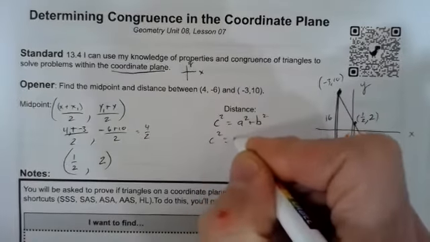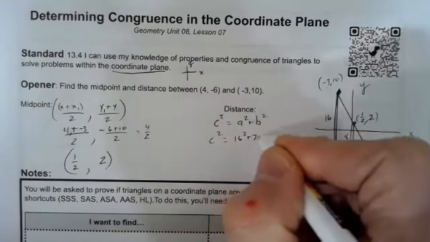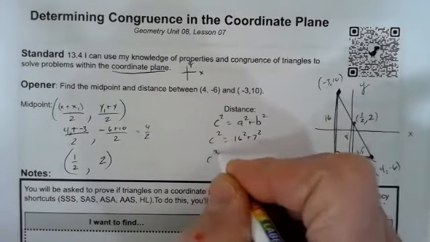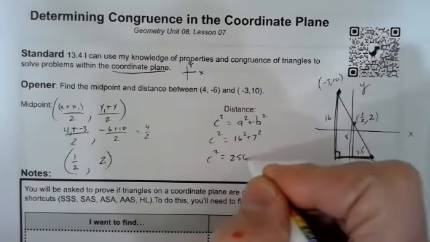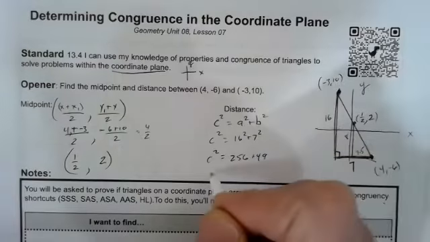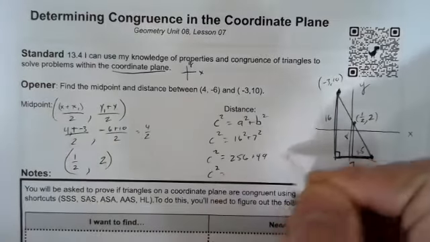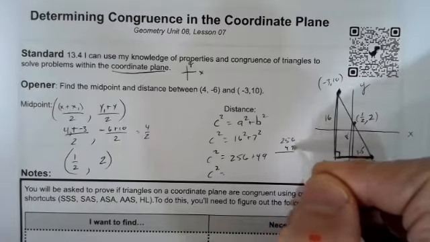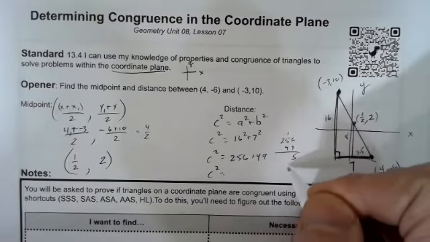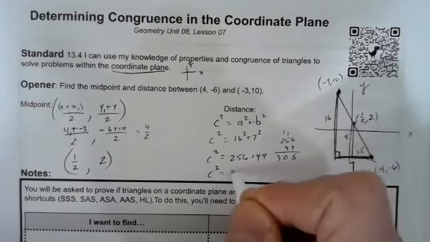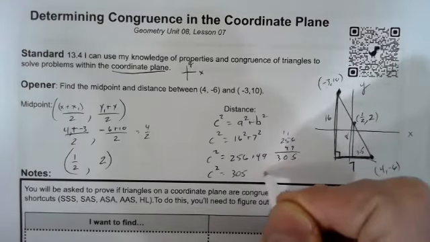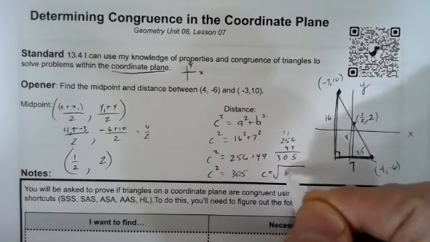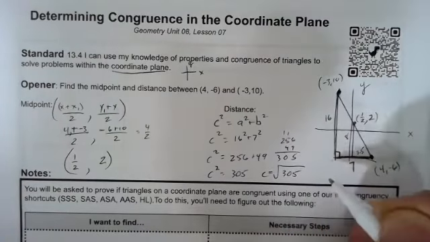So c squared equals 16 squared plus 7 squared. c squared is going to equal 256 plus 49. 6 plus 9 is 15, so that's going to be 305. So then c is equal to the square root of 305.